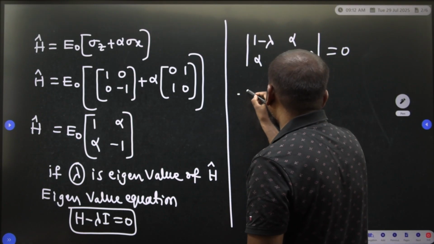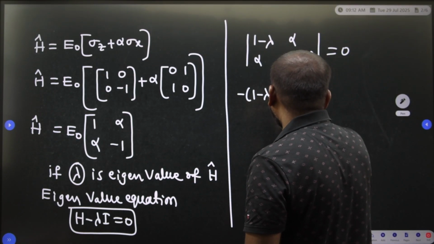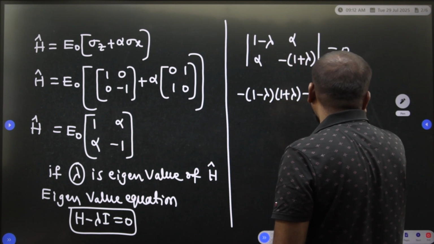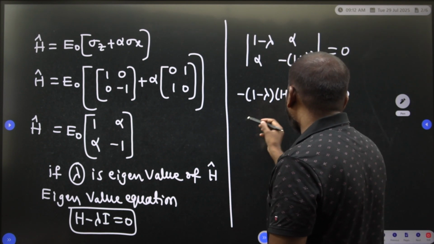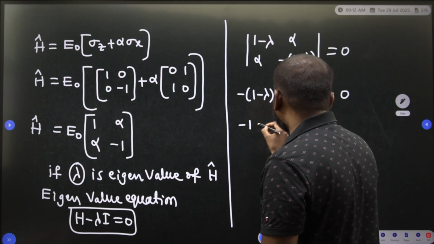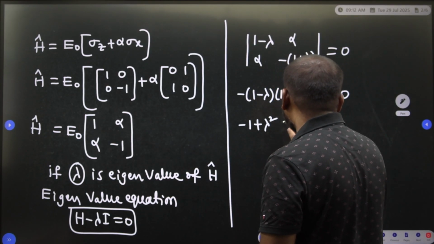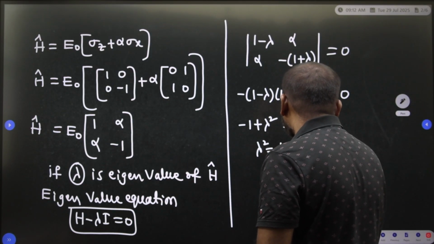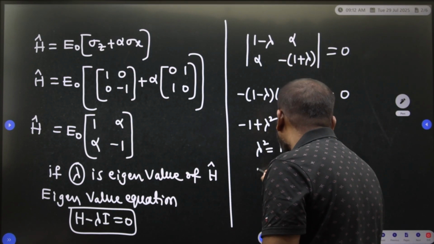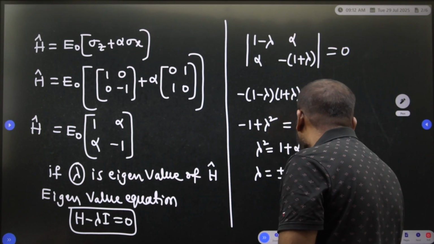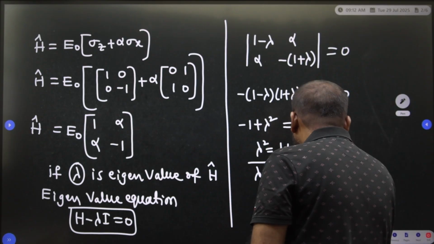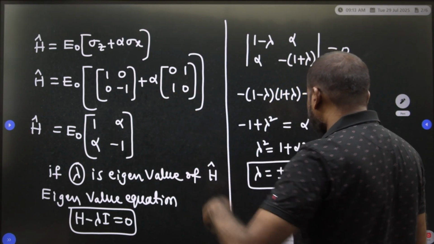So therefore minus of (1 minus lambda) into (1 plus lambda) minus alpha square is equal to 0. So you have to write it as minus 1 plus lambda square is equal to alpha square. So therefore lambda square is equal to 1 plus alpha square. Lambda is equal to plus or minus square root of 1 plus alpha square. This is the eigenvalue of that matrix.